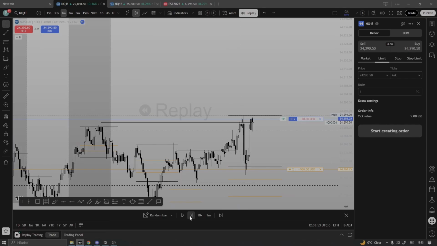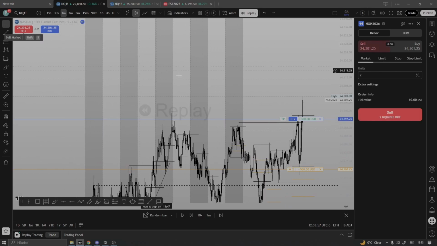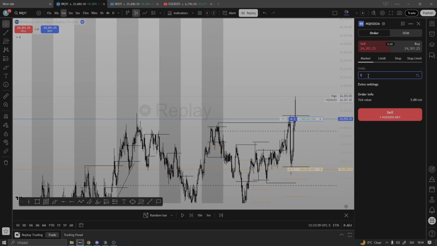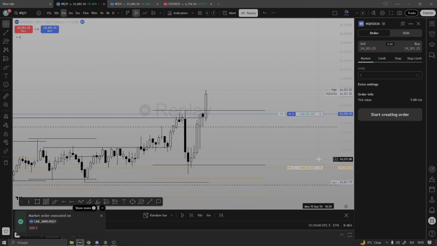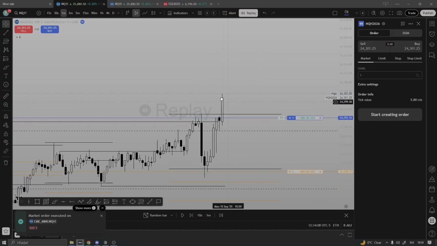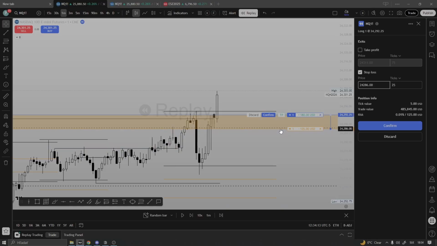Retest of the CISD. Bang, yep, perfect. We can take one off. And since we are closing above that order block, I don't necessarily want to see us coming back to it. We can just put it right here, a little below the 2 PM.